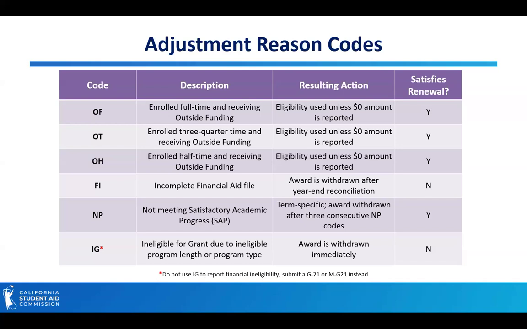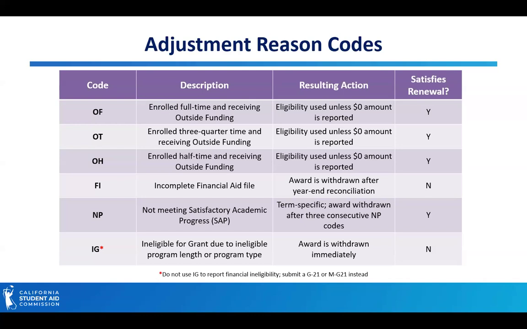So fall, winter, and spring, your award will be withdrawn. But if it's only fall, winter, they get back in good graces with SAP and can be paid for spring term, you're safe.